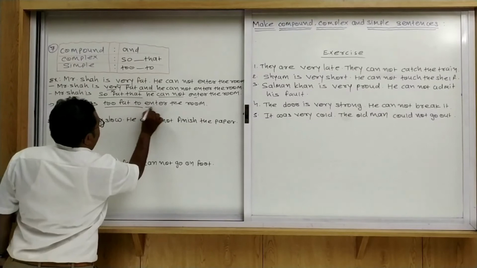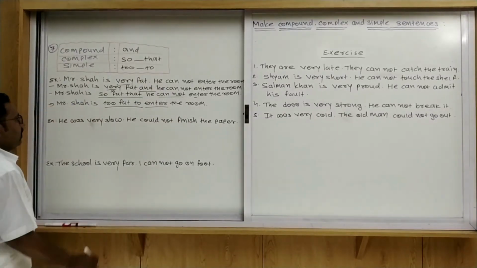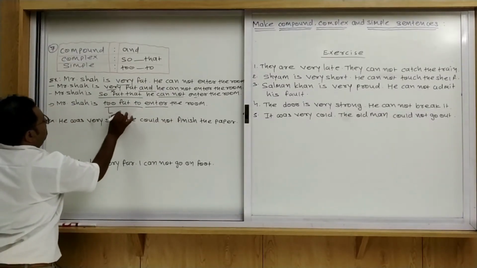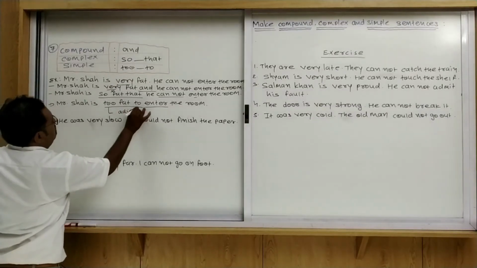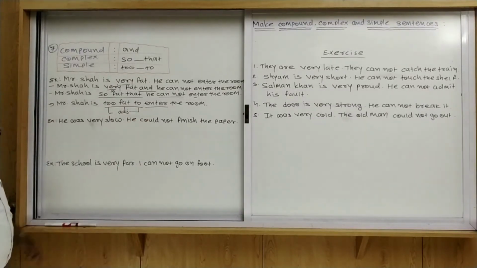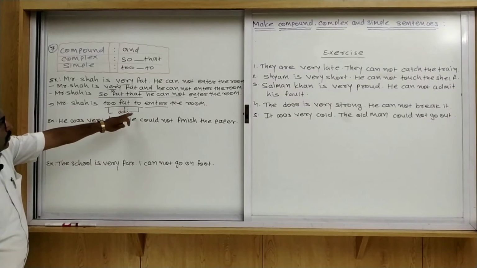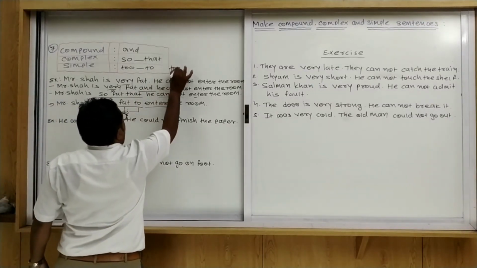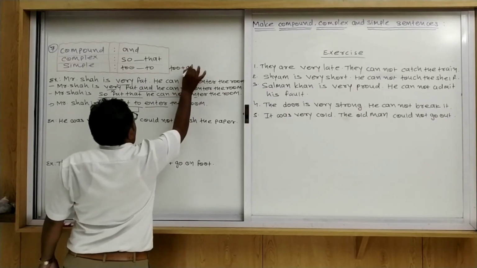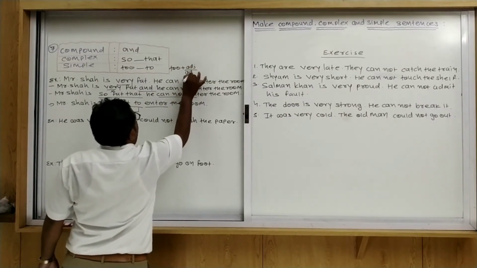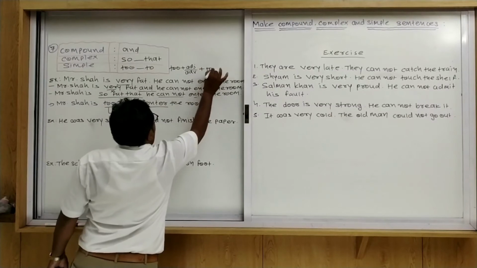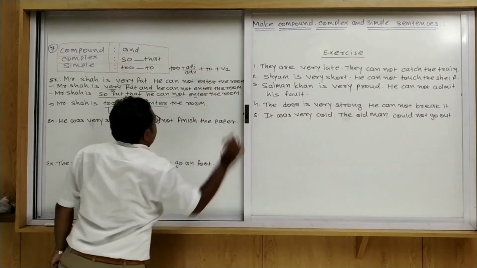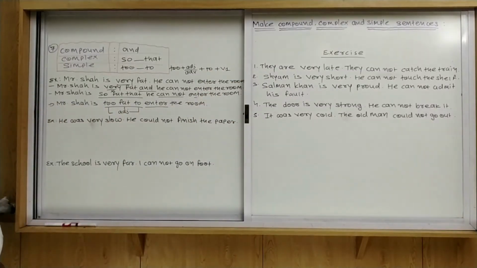Too fat to enter the room. When we use "too", after that we can use adjective. Okay, too plus adjective or adverb, then "to" plus V1, main verb. Okay, did you get my point?